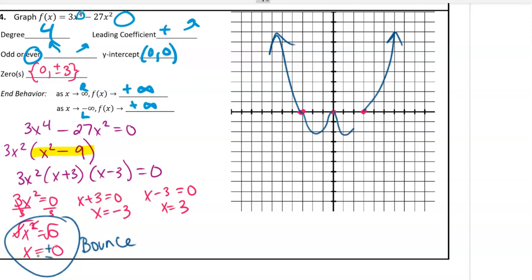So our graph should be a nice W. For sure, the graph looks like this. What I'm not 100% sure on is whether this 0 is a bounce because it is the square root of 0. Something to consider. But don't worry, there's no bounce on 0 on your quiz.